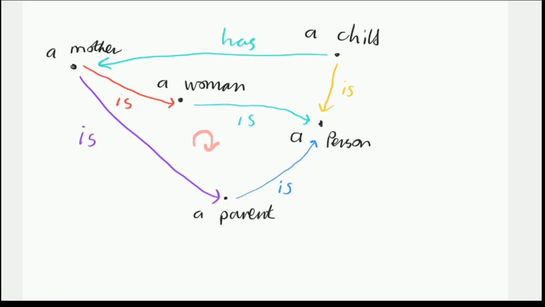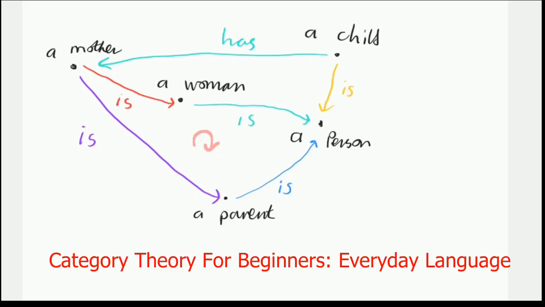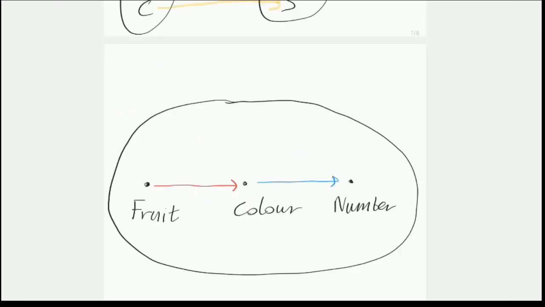Anyway, this notion of ontology logs is another extremely powerful one. Another way of thinking about functions and visualizing them and tying them in with everyday happenings. And if you want to find out more about ontology logs, you can check out my category theory video on everyday language.